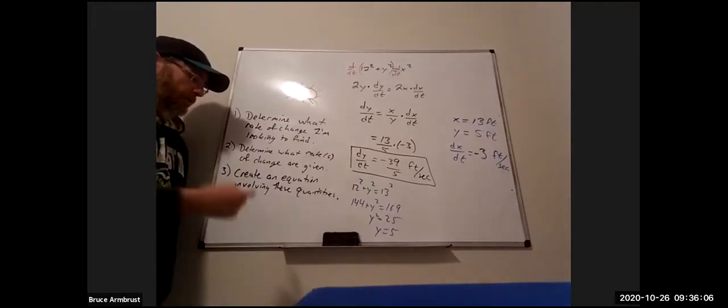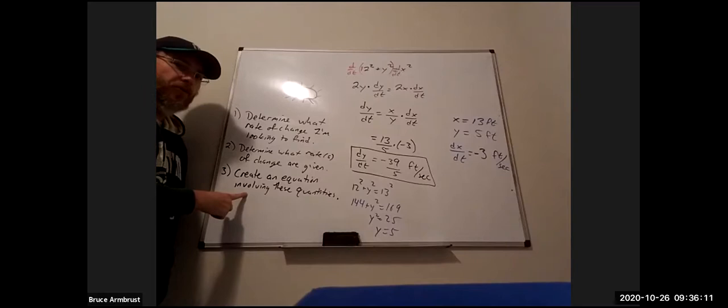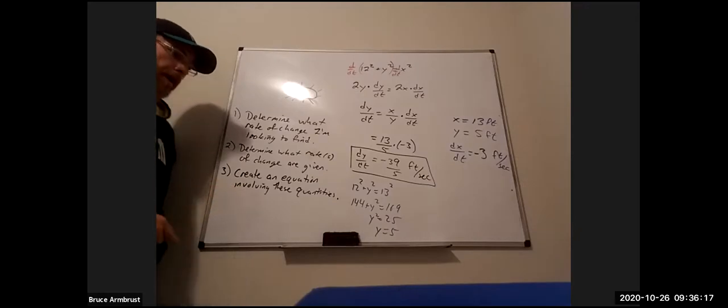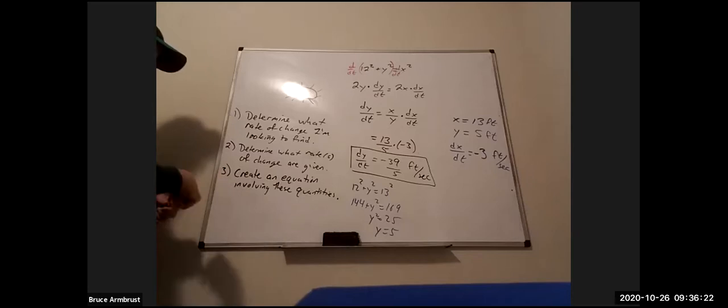All right, so this is where all the work's going to be. Not all, the majority of the work is going to be creating this equation. I'm going to talk a little bit more about that step in a second. So we create the equation.